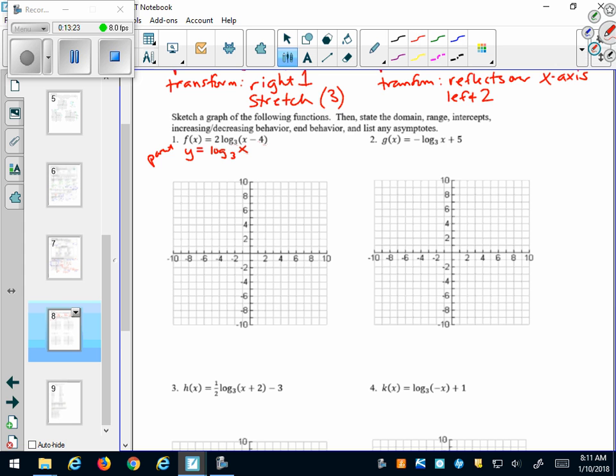That has to be part of the parent function. So, to graph this, rewrite it in exponential form. This is what to the what? Equals what? 3 to the y equals x.